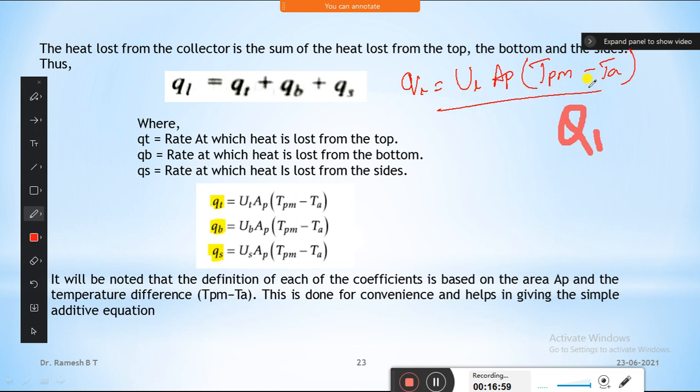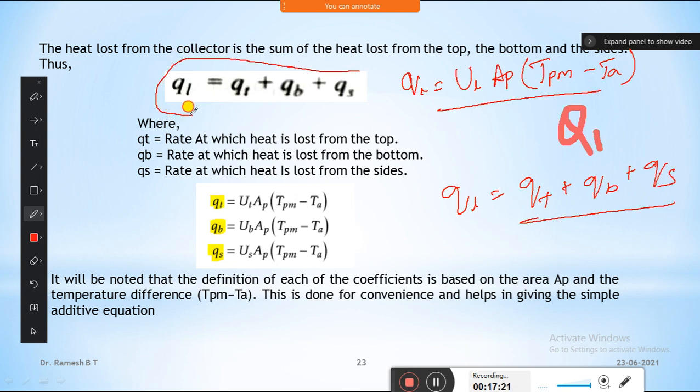This is the overall heat loss, and we can also write it as QL is equal to QT plus QB plus QS. So QL means overall heat loss, and QT means the rate at which heat is lost from the top.